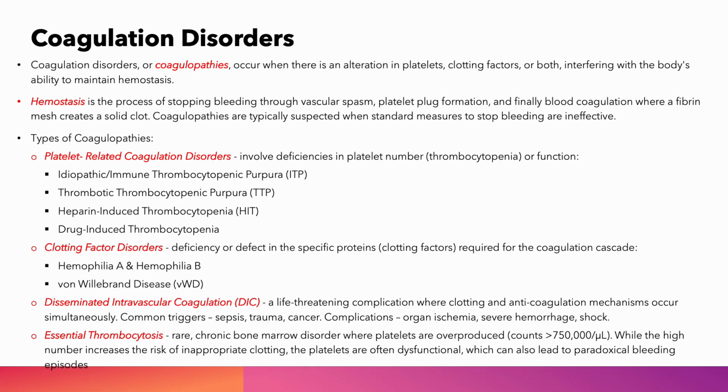Now let's talk about coagulation disorders. These occur when platelets and clotting factors are both abnormal. The first one we're going to talk about is ITP, right? This involves autoimmune destruction of platelets, increasing bleeding risk. Then we have TTP, thrombotic thrombocytopenic purpura.